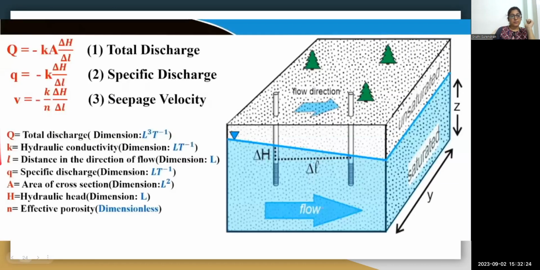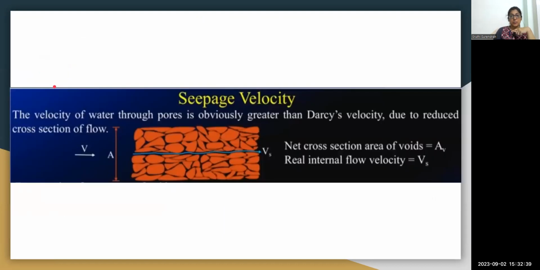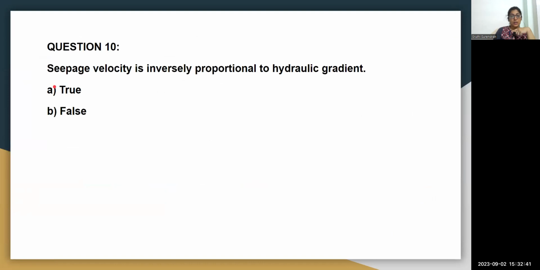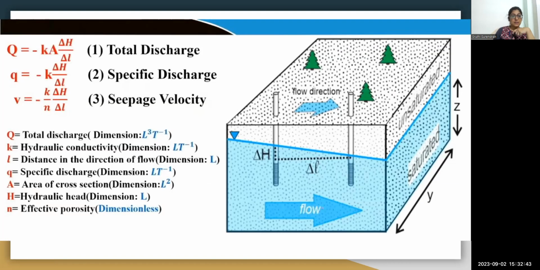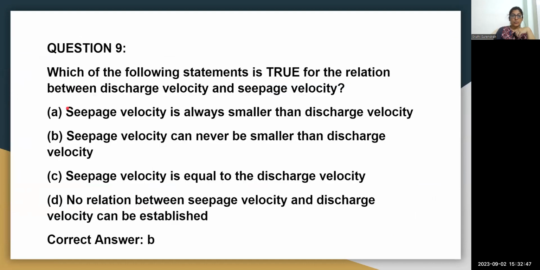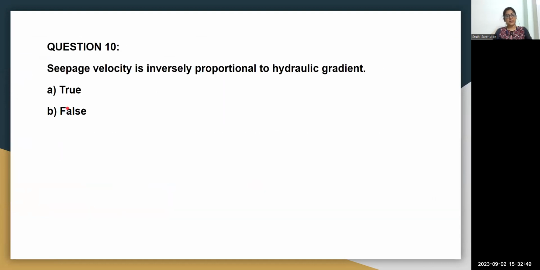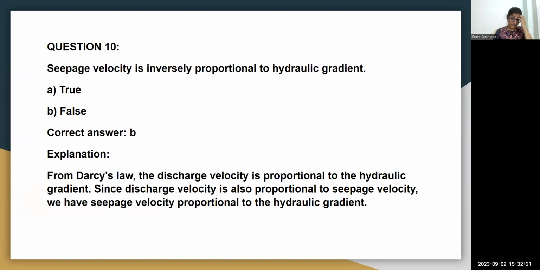It is proportional to the difference in the hydraulic head, inversely proportional to the length of the flow, and directly proportional to the K value. So here they have asked if it is inversely proportional to hydraulic gradient, which is not true. It is directly proportional to hydraulic gradient. So this statement is false. So it's option B.